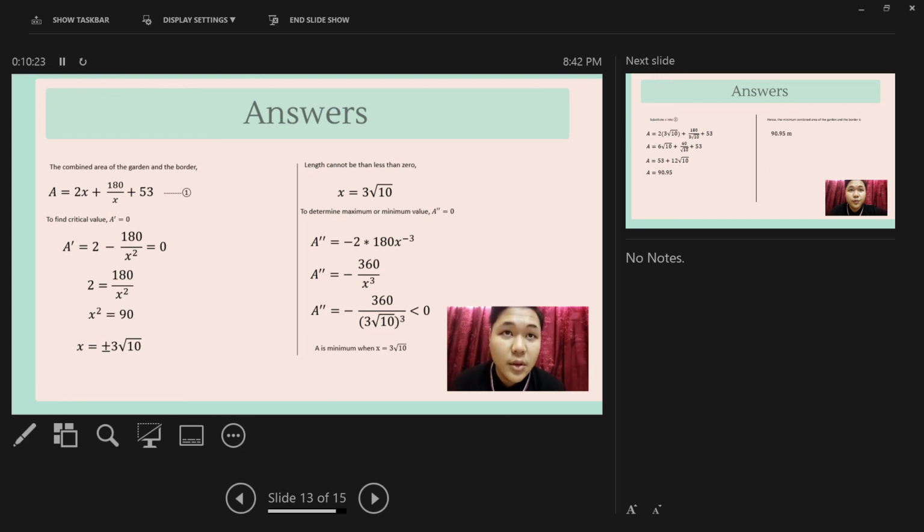Then we substitute x equal to 3 times square root 10. So we get the second derivative is less than 0, so we can conclude that it is the minimum value.